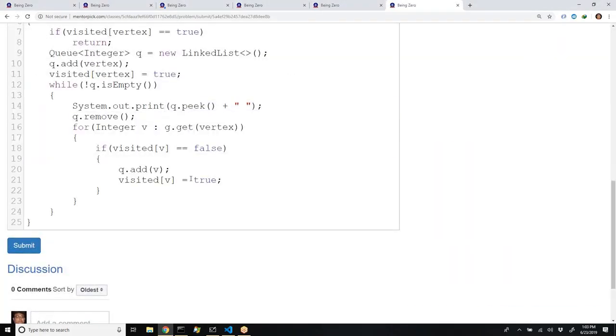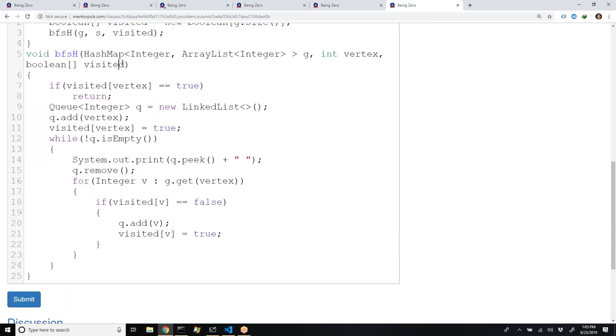Okay, guys, do you see any bug in this code? If a vertex V is visited, return from here, otherwise add to the queue and mark it visited. While the queue is not empty, this is the same mistake as we fixed just now for someone. Prakash, here, what will be the value of vertex in this while loop?